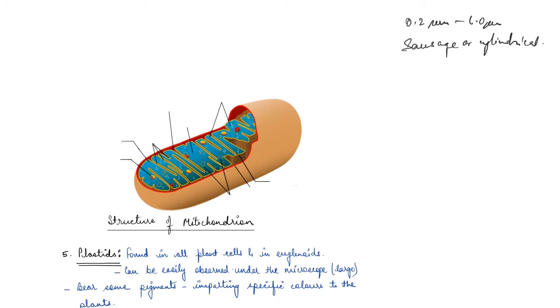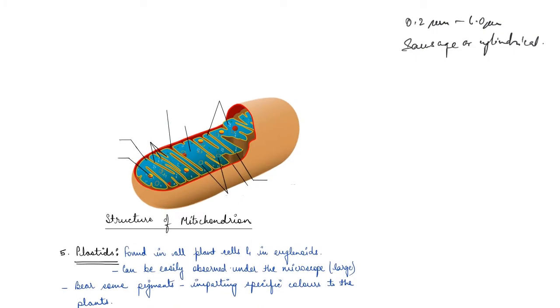If you see the structure of mitochondria, this is the outer membrane, guys, and then you have the inner membrane. This is the matrix, the inside fluid, and you have infoldings, cristae.